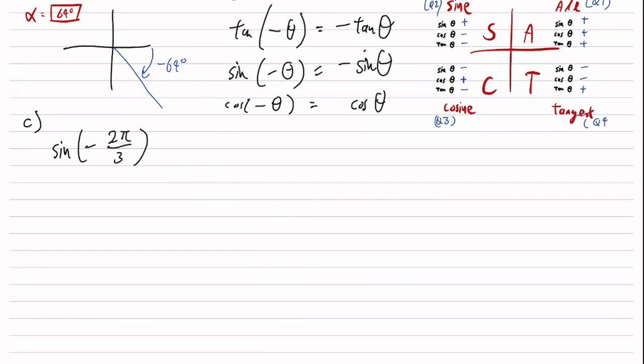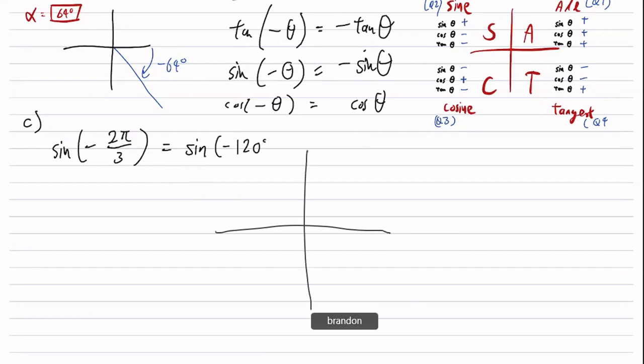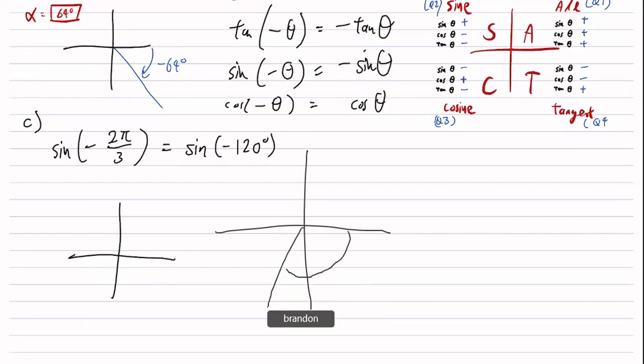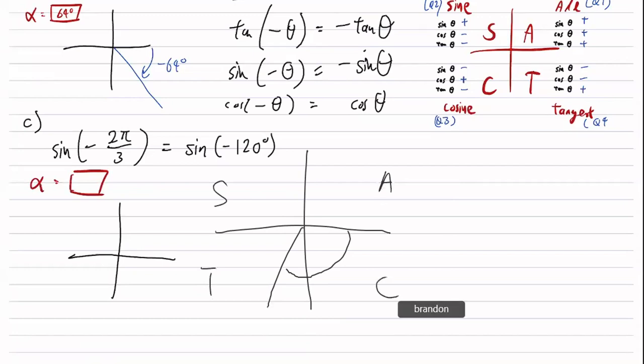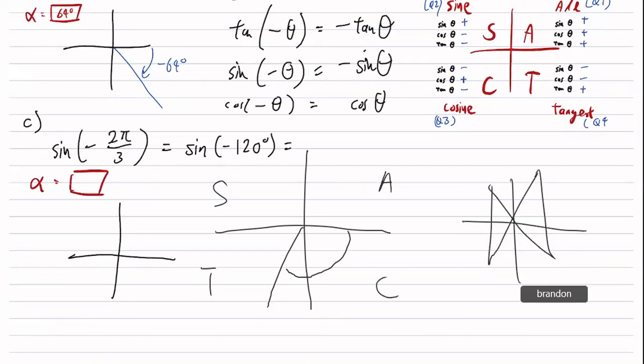Yeah. So this is exactly the same as sine of negative 120 degrees. Then where is my line? What is my alpha? Your alpha is 60. Very good.